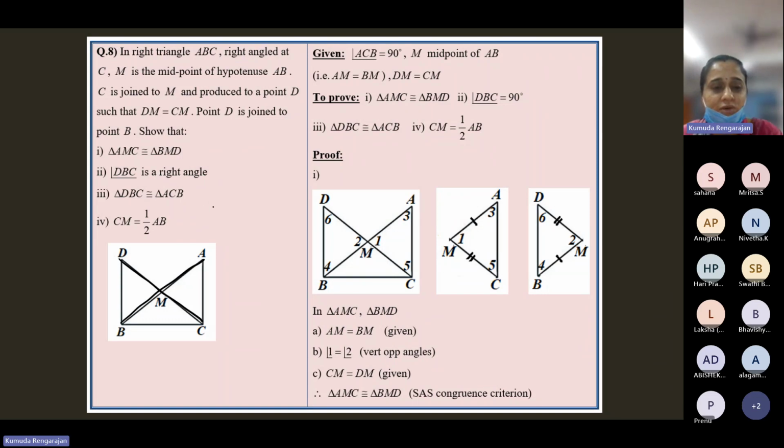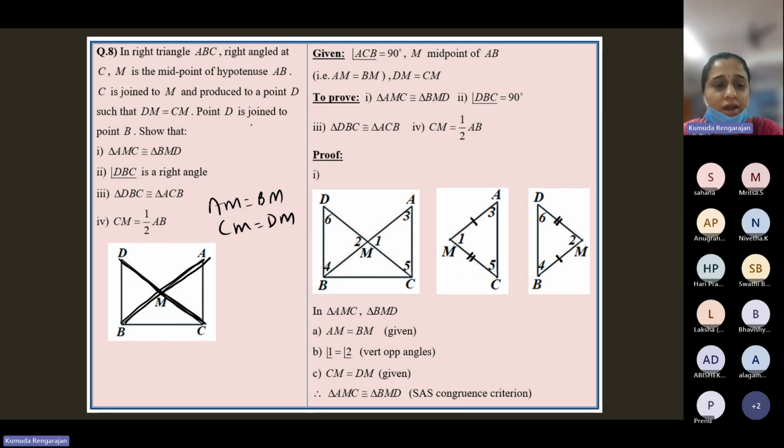So we have two equalities: AM is equal to BM on the hypotenuse AB, and on the line segment CD, CM is equal to DM.